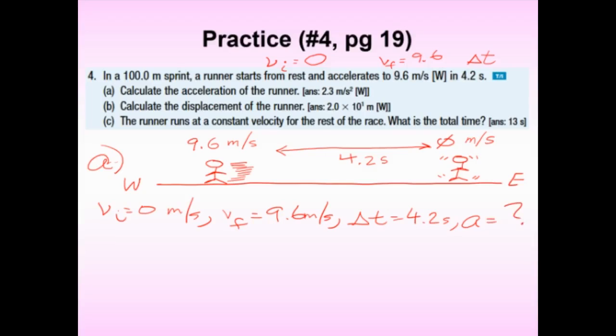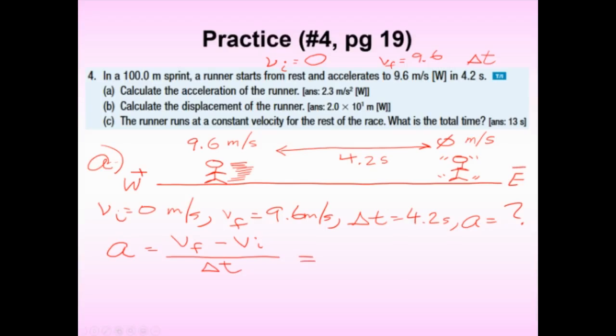So what we're going to do is just plug in the equation. A equals Vf minus Vi over delta T. Oh, by the way, which direction are we going to choose as positive? Obviously, west, because everything is moving west. So go ahead and put just plus on top of the W and negative on top of the E. All right?